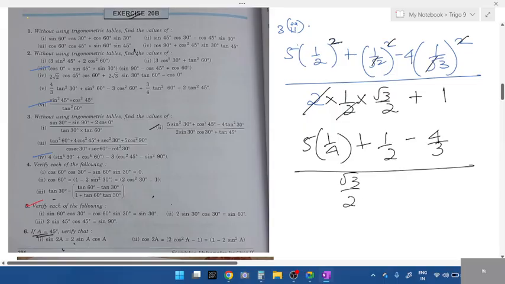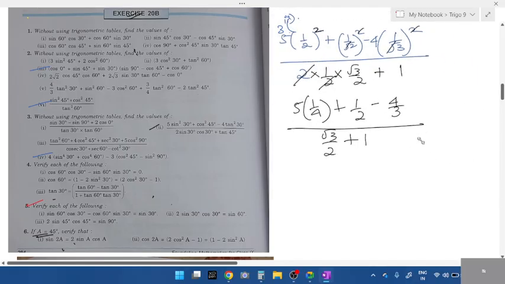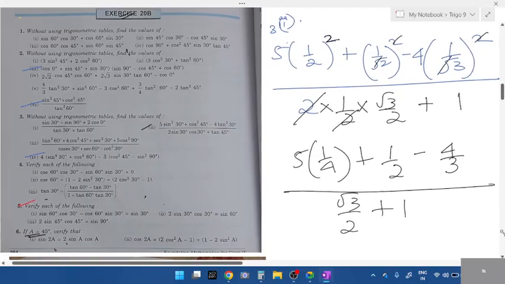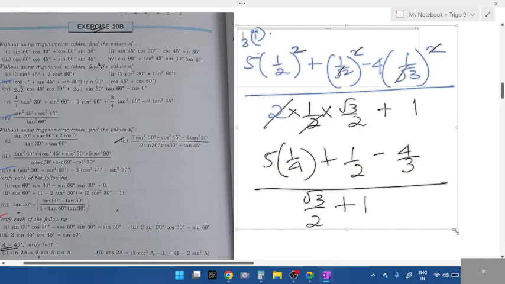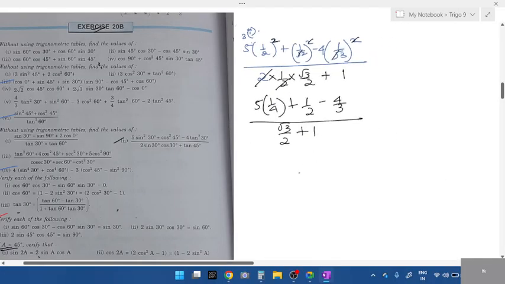Root 3 by 2 plus 1. Next. 5 by 4, you take LCM. So you have 5 by 4 plus 1 by 2 minus 4 by 3 divided by root 3 by 2.